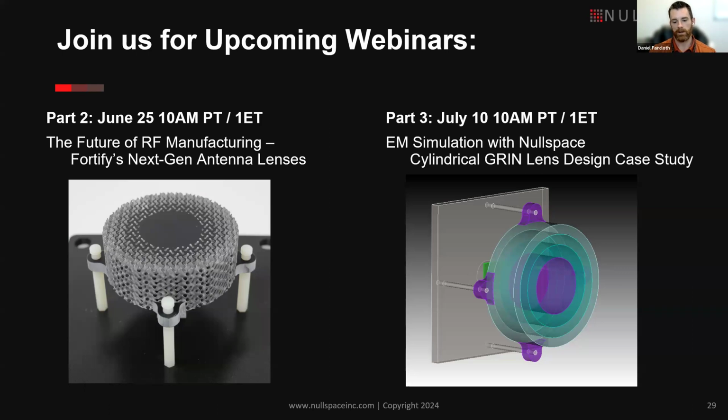Whereas with the Gren lens, there's better impedance matching, so the wave soaks into the lens, if you will, more easily, thereby reducing the back lobe.